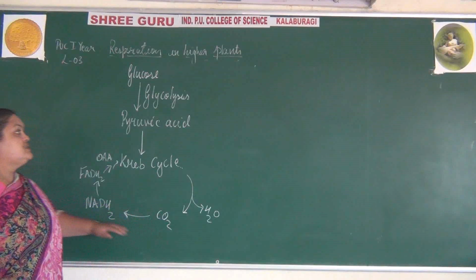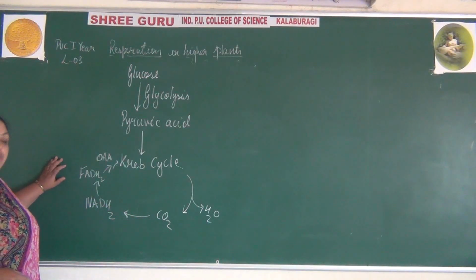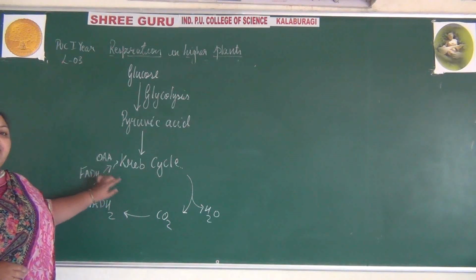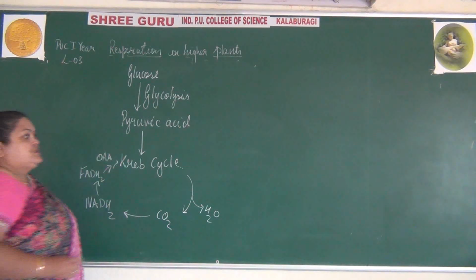So it enters the Krebs cycle from the cytoplasm into the mitochondrial matrix.